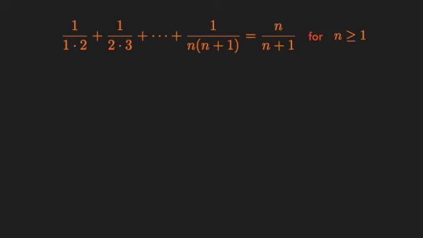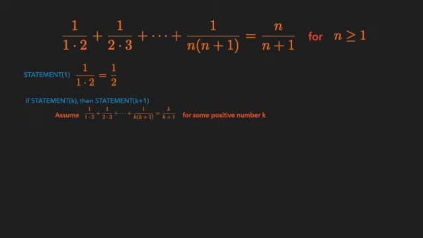To show the first statement is true, we start with a base case. N equals 1 is a simple calculation which shows that the left-hand side is equal to the right-hand side. Next, we show that if the statement is true for k, then it is true for k plus 1. Usually you show an if-then statement by assuming the hypothesis and proving the conclusion. That is, we assume that the statement is true for some fixed positive integer k.